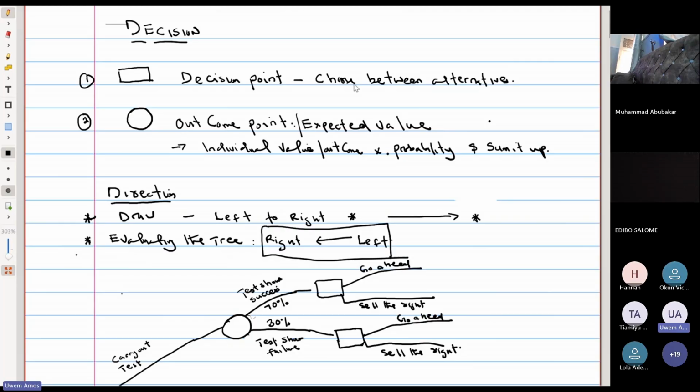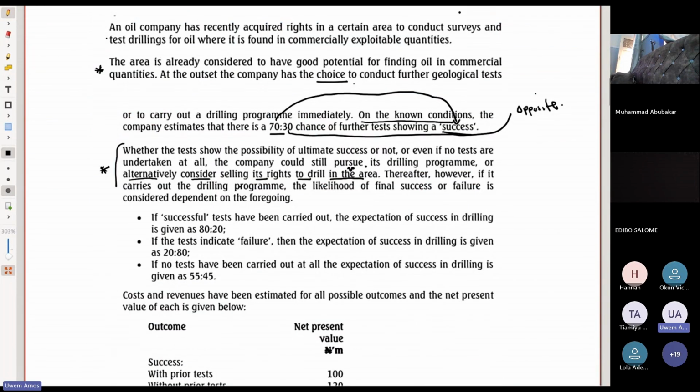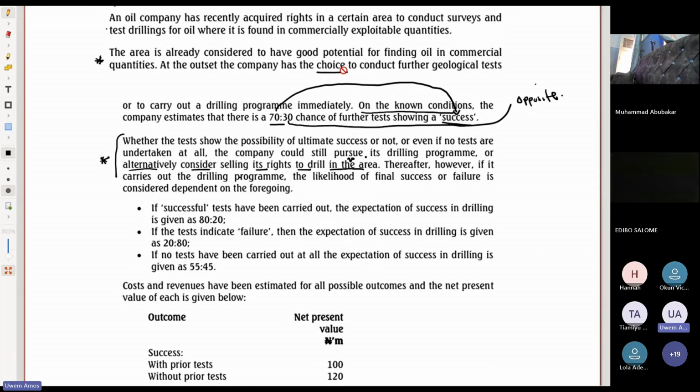Okay, so let's get back to our question. Just read it line by line and then you map it. That's the only way you don't miss the point.